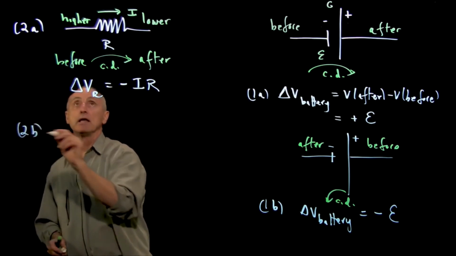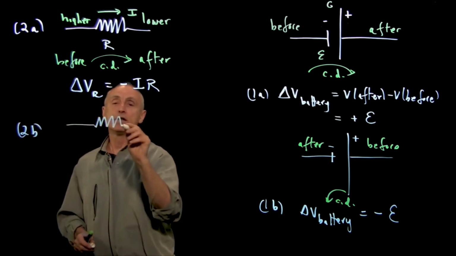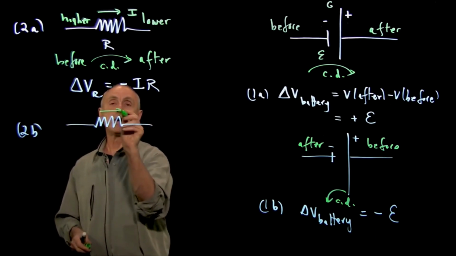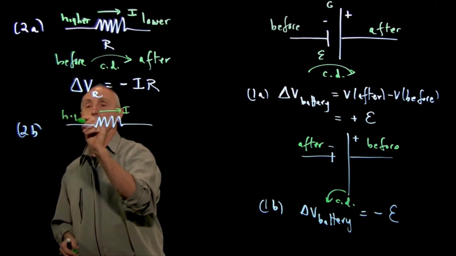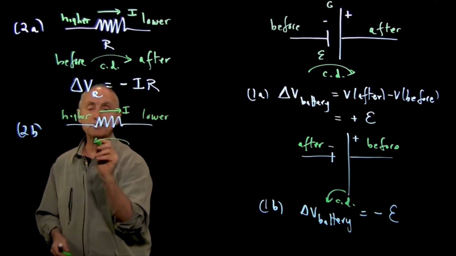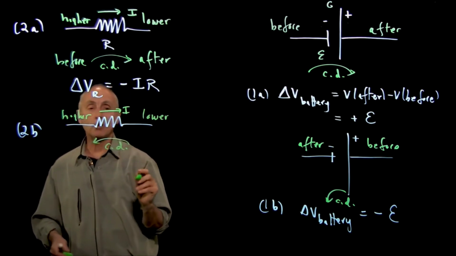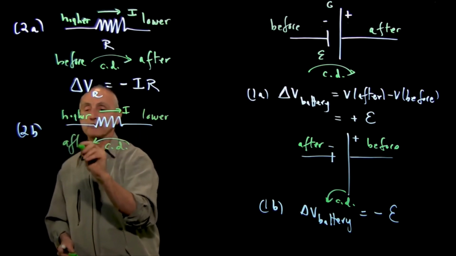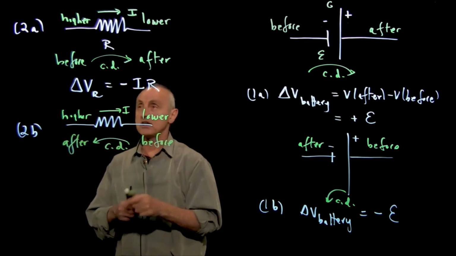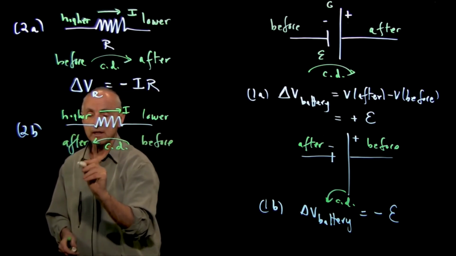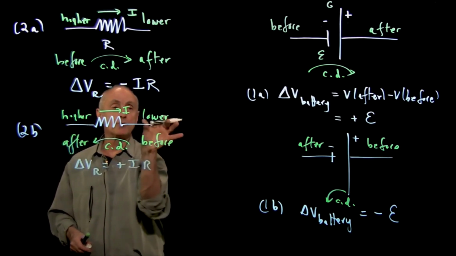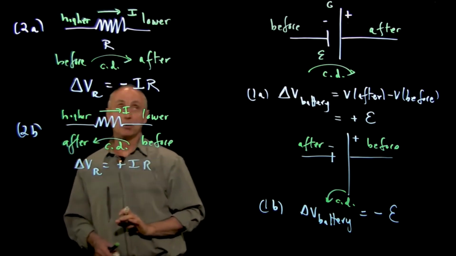What would happen if we have the same resistor? We have a current I, that's the higher side, that's the lower side, and now we circulate opposite the direction of the current. Well, this is now the after side, and this is the before side. And so now we see that the potential difference, delta V_R, is plus IR as you go from lower to higher potential.